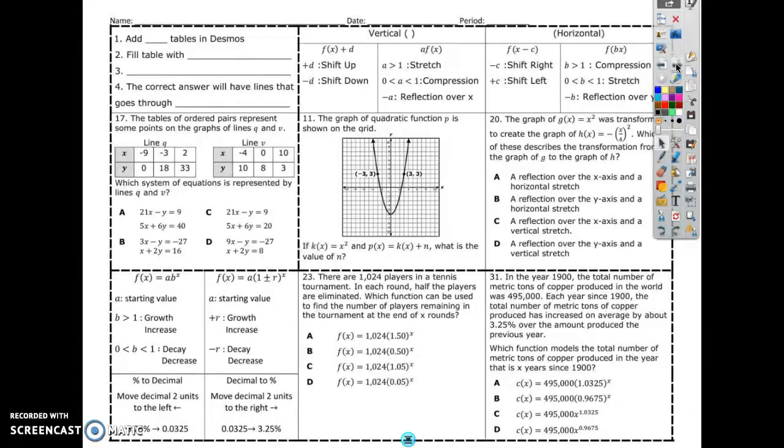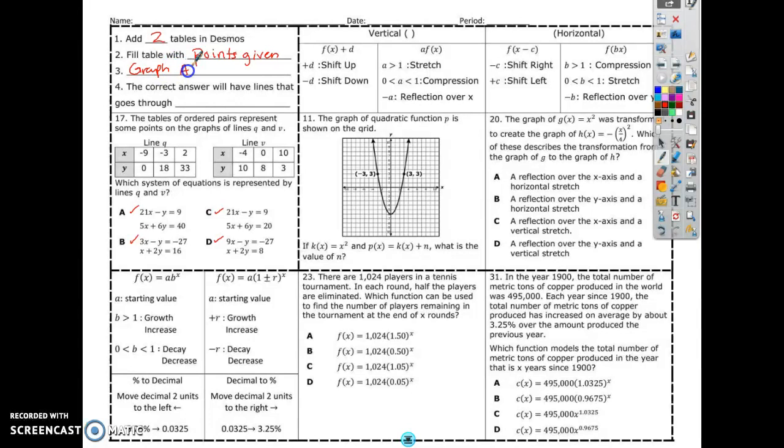For problem 17, what you should have done on the mock exam is put both of these in Desmos, so you add 2 tables. You fill the tables with the points given. Then you graph all of the answer choices, this one, this one, this one, and this one.